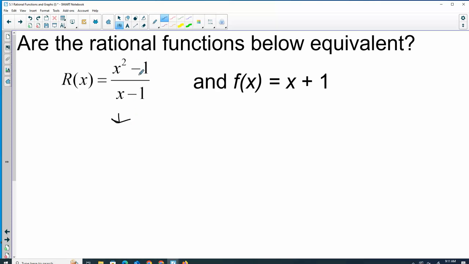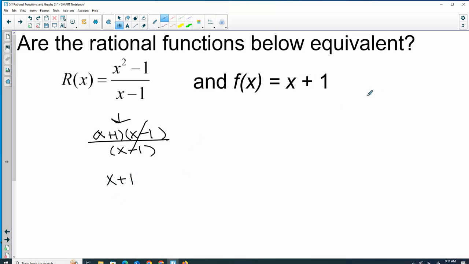Well, you can't divide them that way, but what could you do to the top? Before we're trying to solve it, we could factor that, right? Difference of squares, that factors into x plus 1, x minus 1. It has to be in factored form before you could reduce things. But then if you reduce, we get x plus 1.